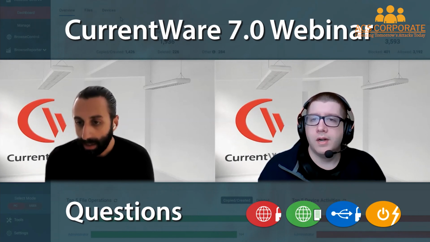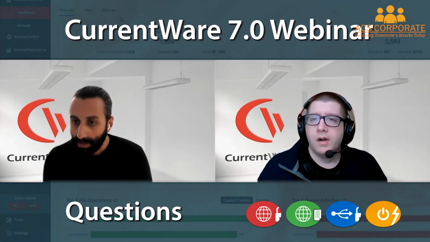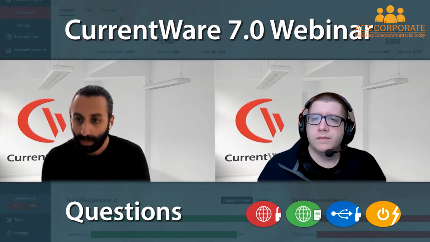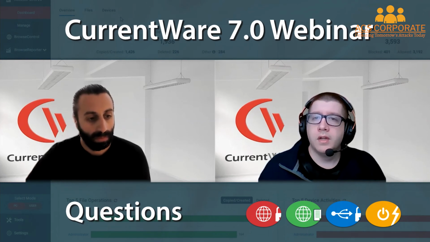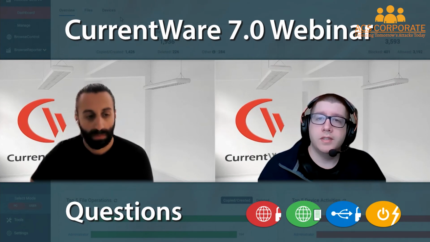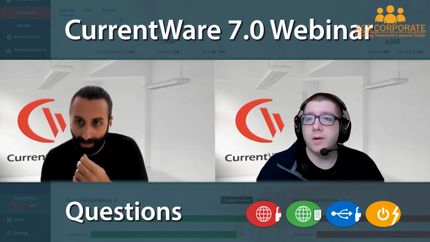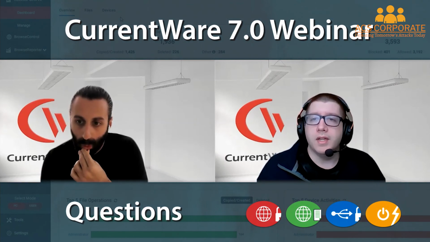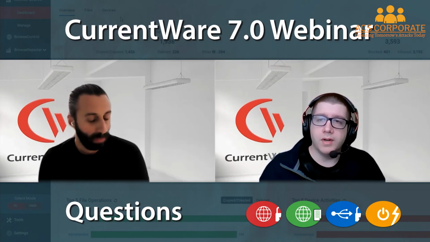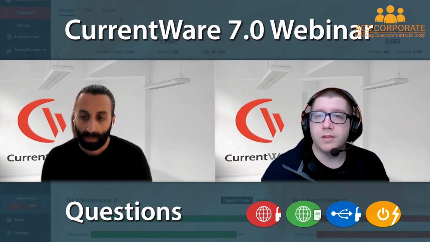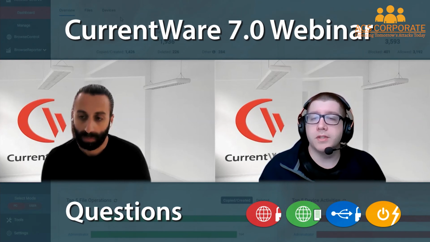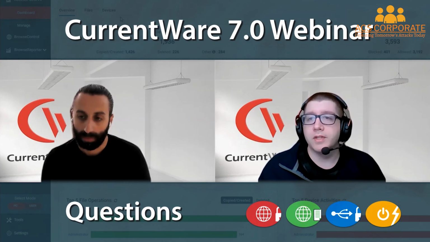We have a question from Jason. Can you elaborate more on URL filtering? We are currently using OpenDNS Cisco Umbrella. Will this be a direct replacement? That's a good question, Jason. So OpenDNS, the Cisco Umbrella, I believe that is one of the main competitors that we have a lot of end users and administrators come over from.